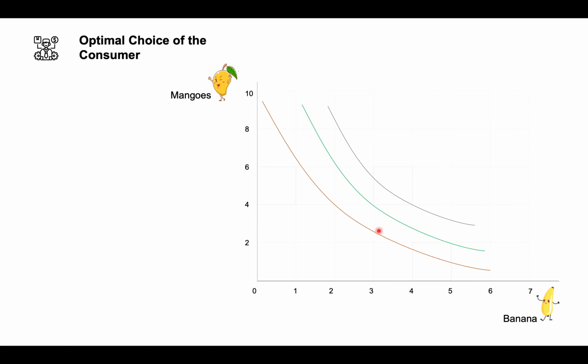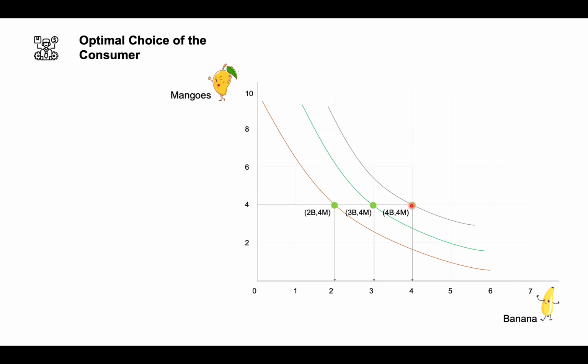So for the optimal choice of the consumer, I want a product from this curve. Here you have 2 bananas, 4 mangoes. Here you have 3 bananas, 4 mangoes, and here you have 4 bananas, 4 mangoes. Since you're getting more here, the choice of the consumer would be this.